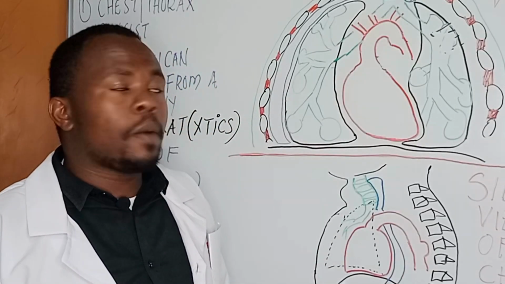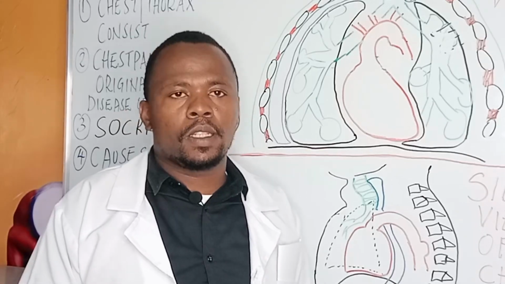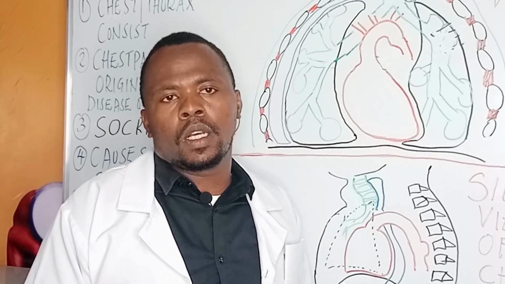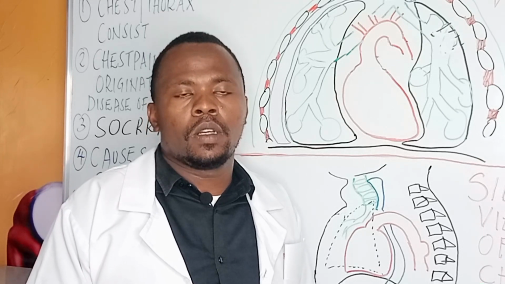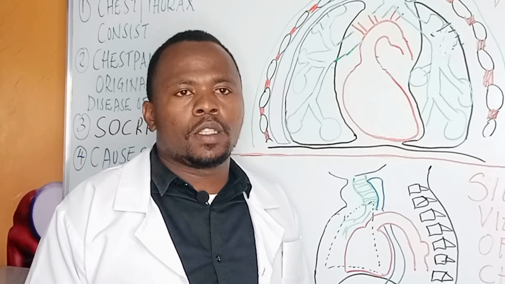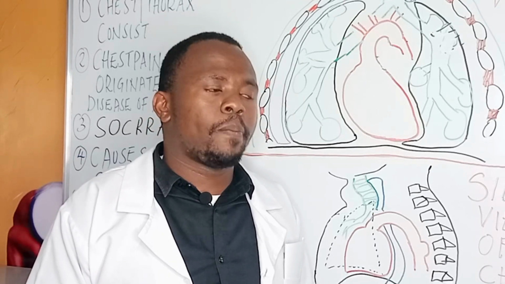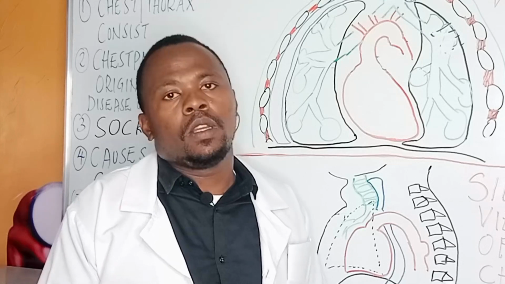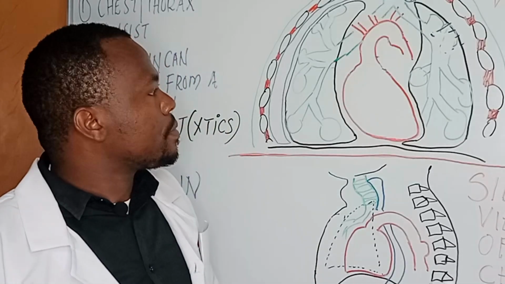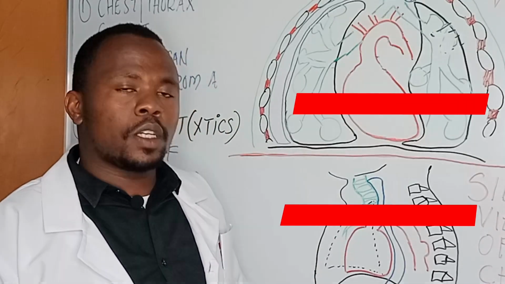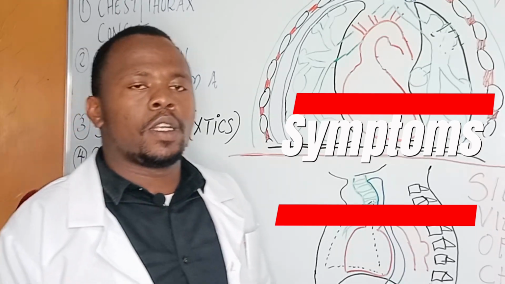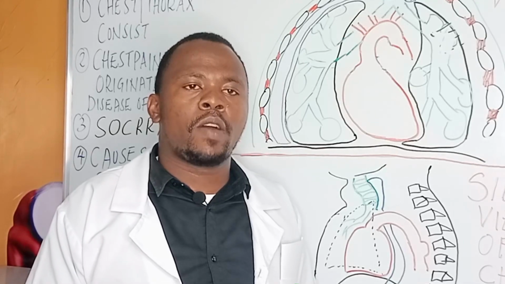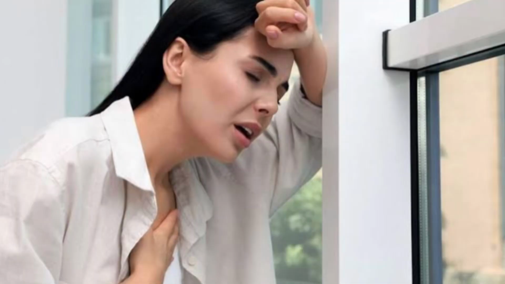Another issue about heart-related chest pain is that the pain usually gets relieved when you rest. Heart-related chest pain most of the time is worsened by activity or exercise, but when you rest, the pain may disappear. Then the associated symptoms of heart-related chest pain are that you may have other signs and symptoms like shortness of breath.